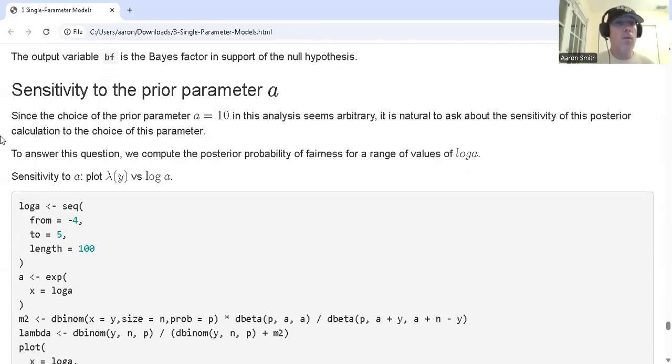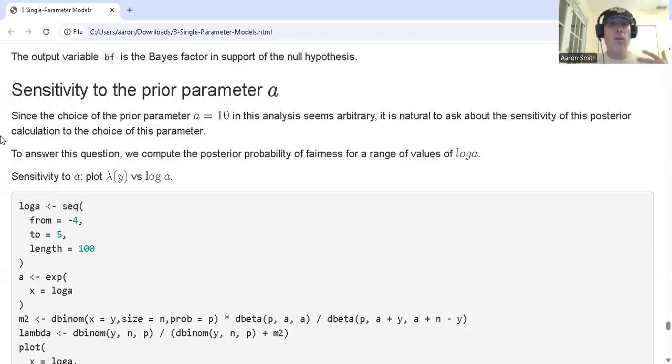All right, so since the choice of the prior parameter equals 10 in this analysis seems arbitrary, it's natural to ask about the sensitivity of the posterior calculation to the choice of the parameter. To answer this question, we're going to compute posterior probabilities of fairness along a range of values of log of a.